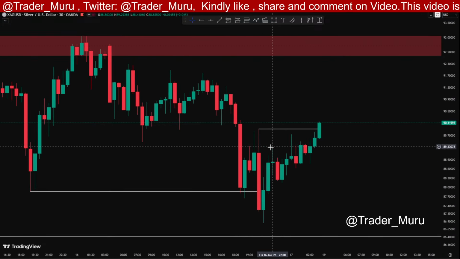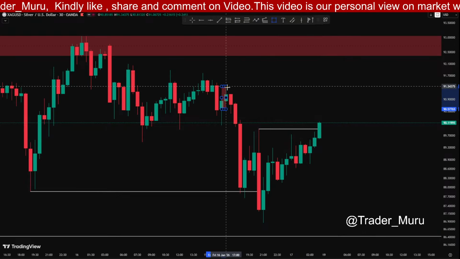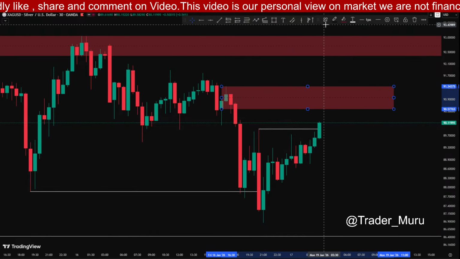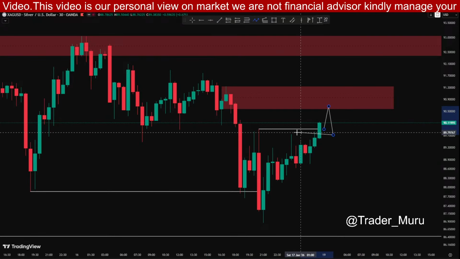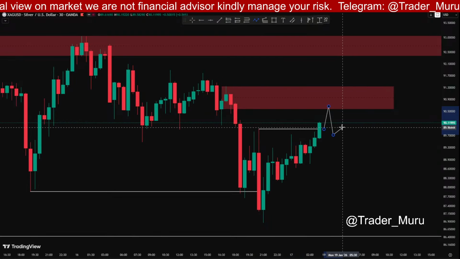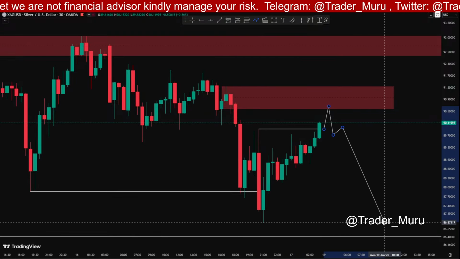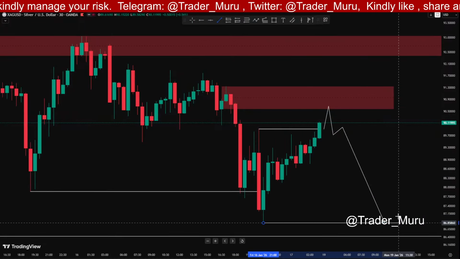So if price again tests this area here and closes a 30-minute candle below this low here, then you can short.